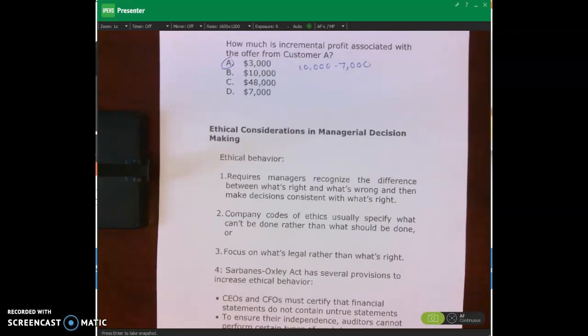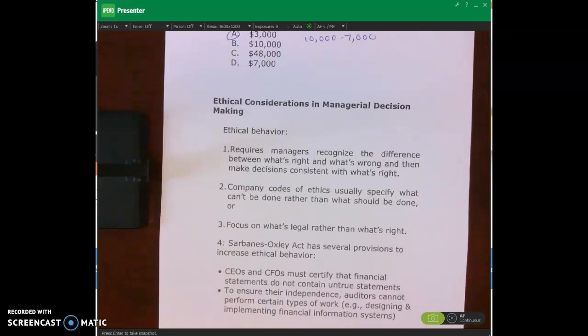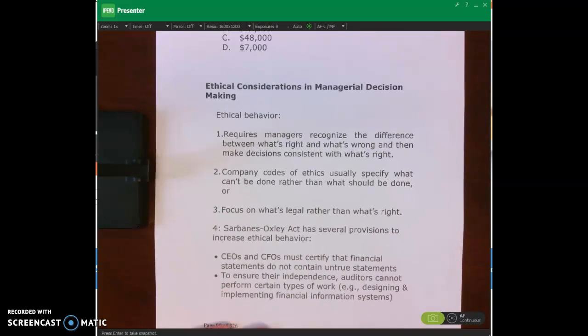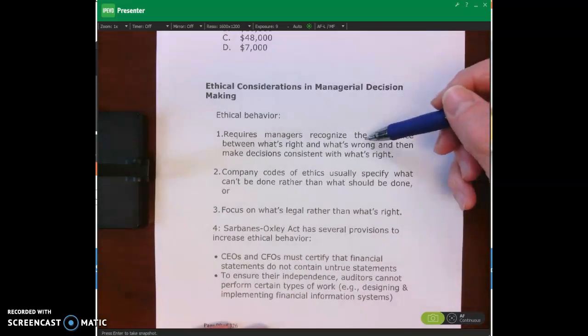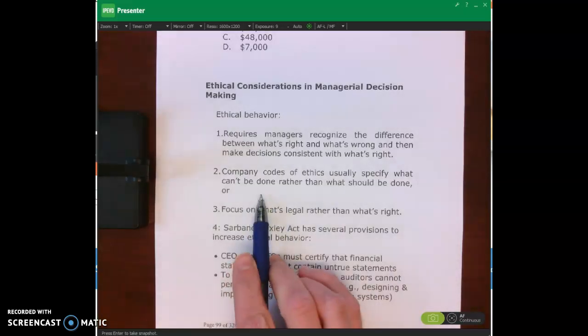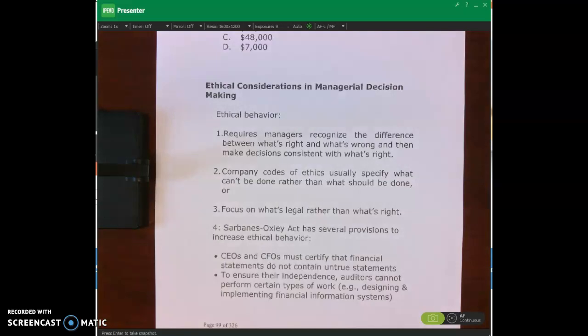So let's talk about some ethical considerations with managerial decision making. When we talk about ethical behavior, we're talking about doing the right thing. Okay, we're talking about doing the right thing. And a lot of company codes of ethics are going to talk about what you can do and what you can't do.